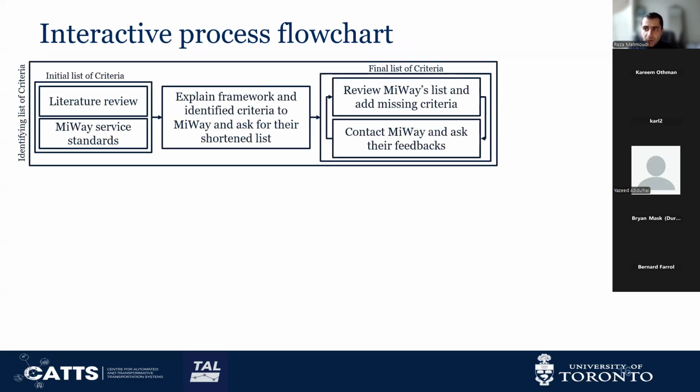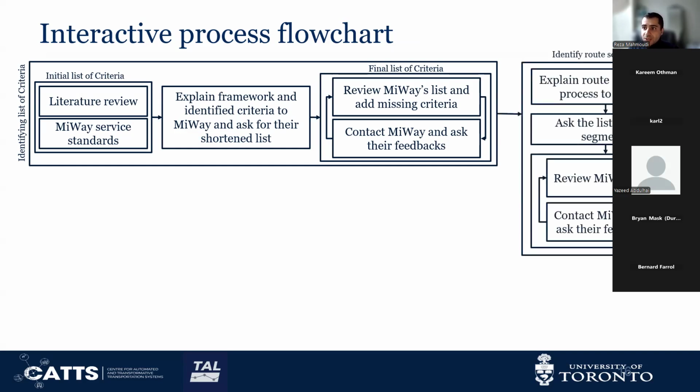For the purpose of our case study, we started by reviewing the literature and also reviewing MyWay's service standards. MyWay is the transit agency of City of Mississauga. So we prepared a long list of all possible KPIs that we can use for our evaluation. We provided this list to the city and we asked them to give us the final list of KPIs based on their standards and their objectives.